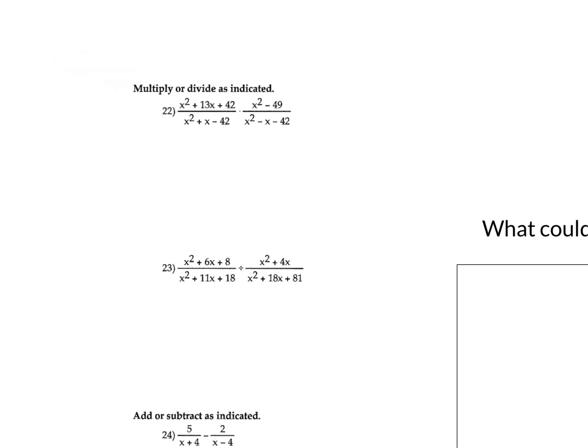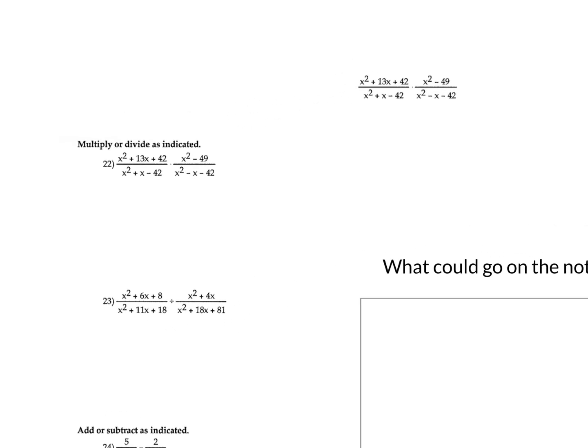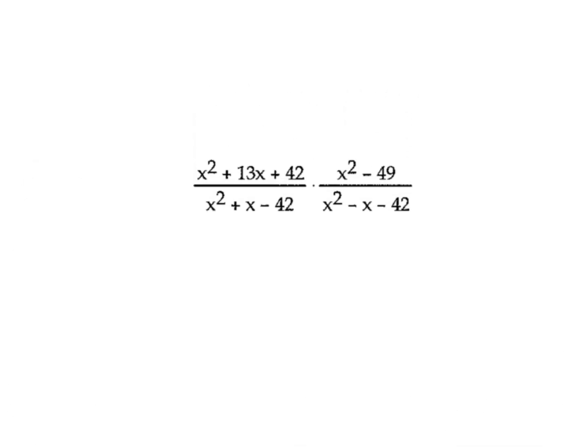Okay, multiply or divide as indicated. Okay, so whenever you're presented with something like this, you should immediately just factor everything. So what does this become? This becomes x, and if you were to do the x method, that would become +7 plus 6.